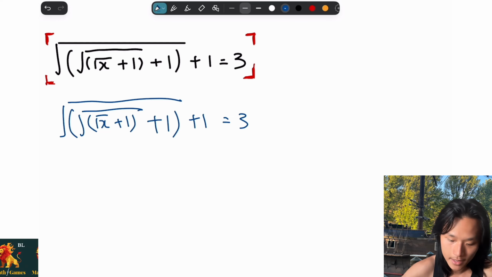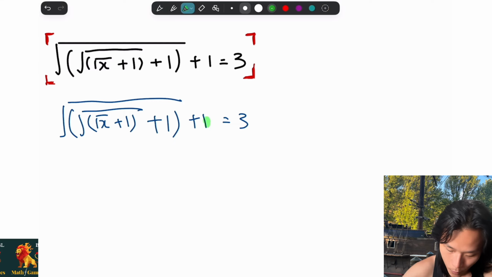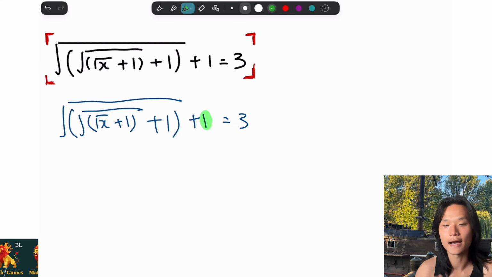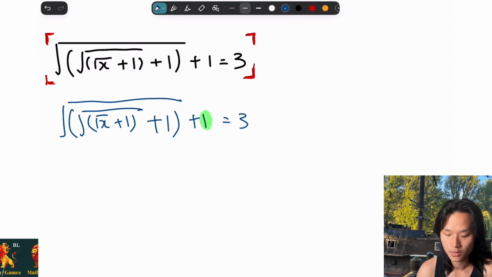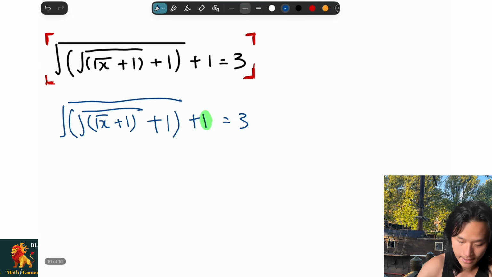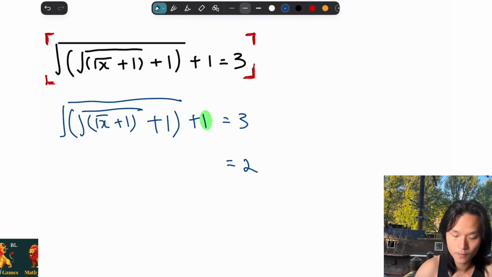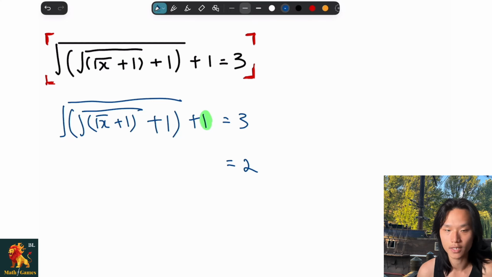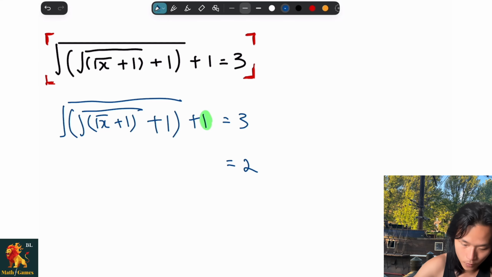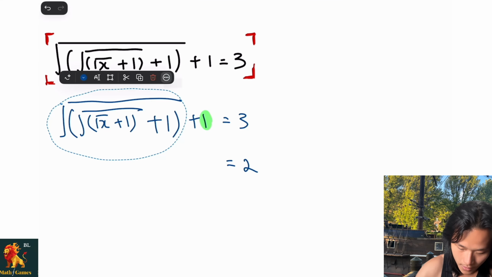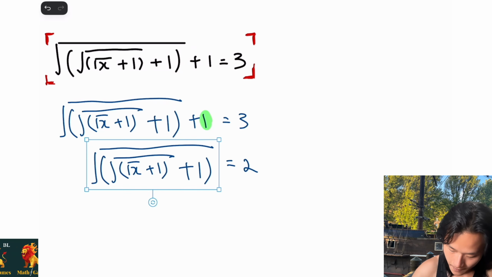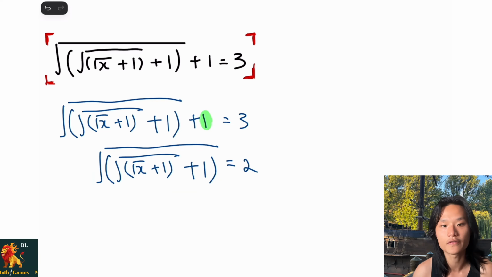Right off the bat, we notice that the 1 here lies outside the square root, so we can take it to the right hand side, and that gives us 2 because 3 minus 1 is 2. So on the left hand side, we are simply left with this bit. I'm going to duplicate that, and that's what we are left with.